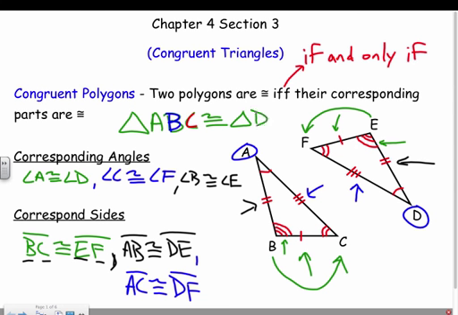So I got to go D since I put A first. And I put B second, so B corresponds to E. So I got to say E. And then C corresponds to F, so F goes last. So they have to match up. So notice how A's first and D's first, because they correspond. B's second, E is second, C is third, F is third. They have to match up when I state that congruent statement. And that's going to help us.